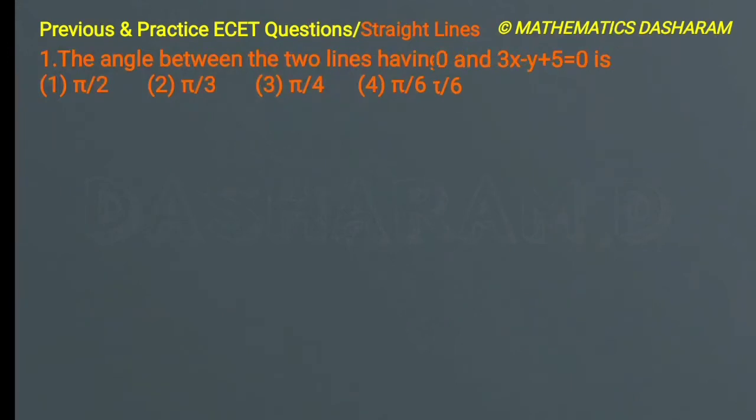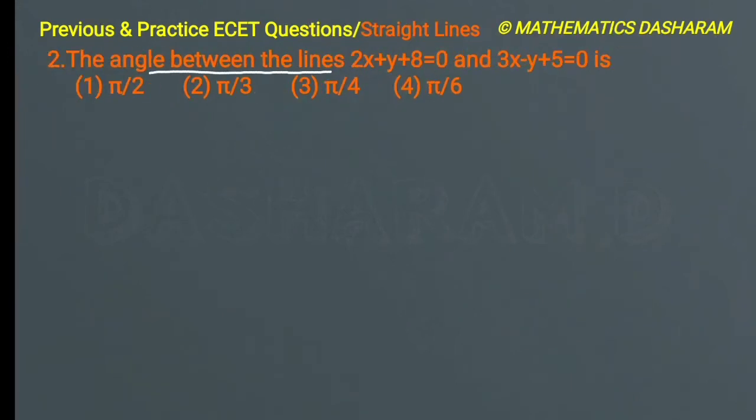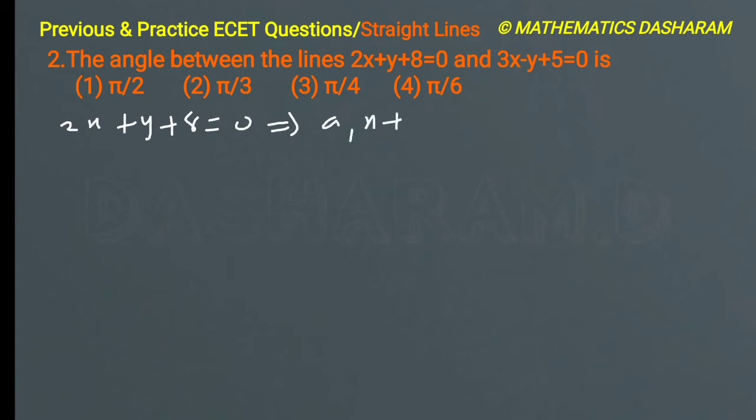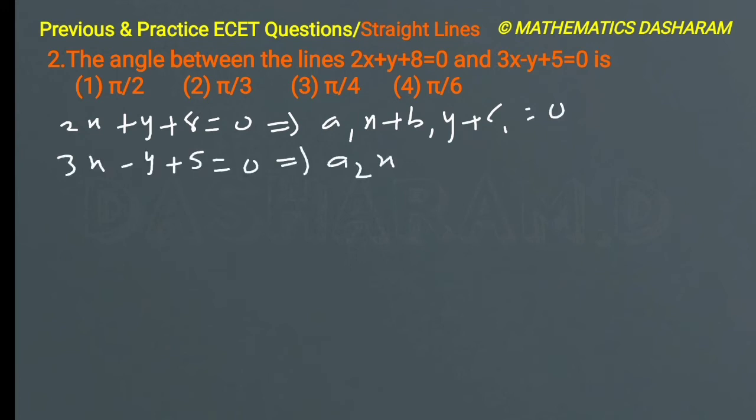Next, the second question is: the angle between the lines 2x plus y plus 8 equals 0 and 3x minus y plus 5 equals 0. First equation compare with a1x plus b1y plus c1 equals 0. Second equation compare with a2x plus b2y plus c2 equals 0.